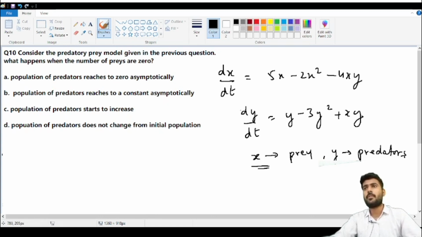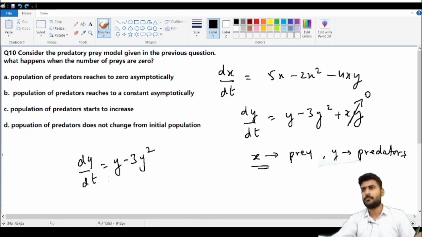If we look at the second equation, dy by dt equal to y minus 3y square plus xy, if we put x equal to 0, this term becomes completely 0, and the dy by dt term will be equal to y minus 3y square. To find the equilibrium value, we put dy by dt equal to 0.